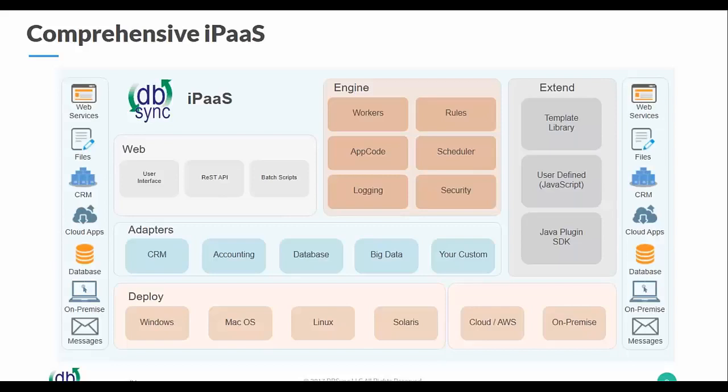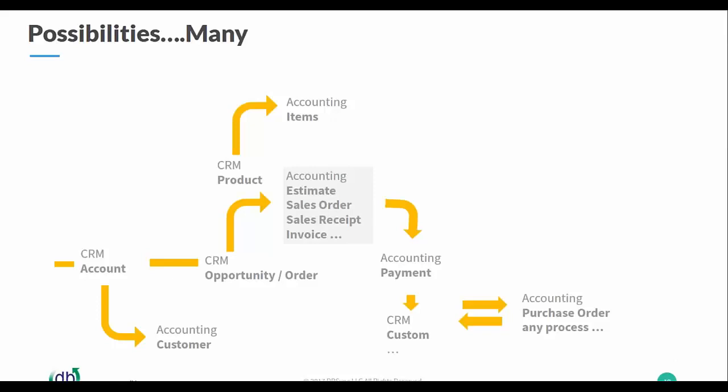I won't go too much into detail since this is more focused on our partner program, but that is just to give you a graphical representation of what the DBSync core architecture looks like. I'd be open to questions post this presentation if you have any.